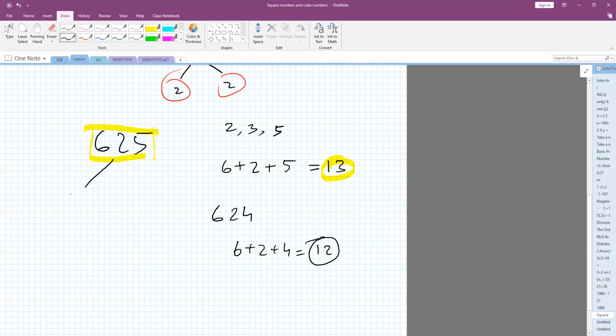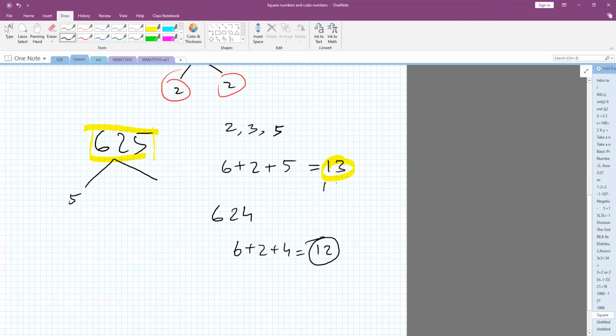So what is 625 divided by 5? You can try the calculation. 125, very good.